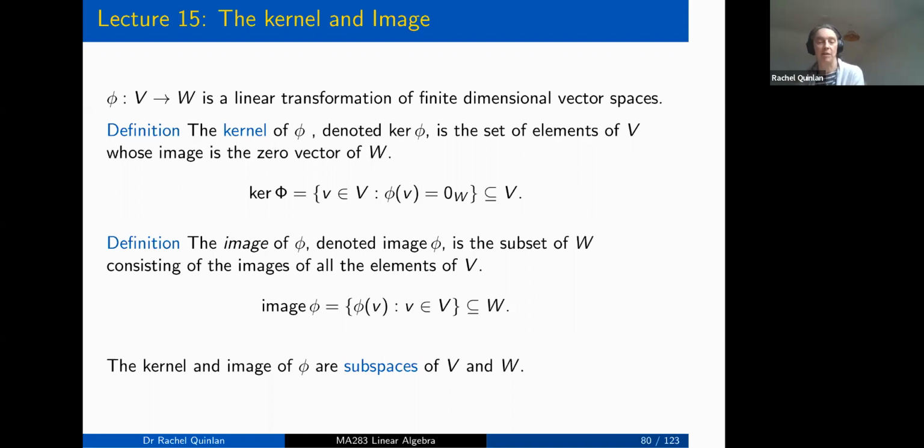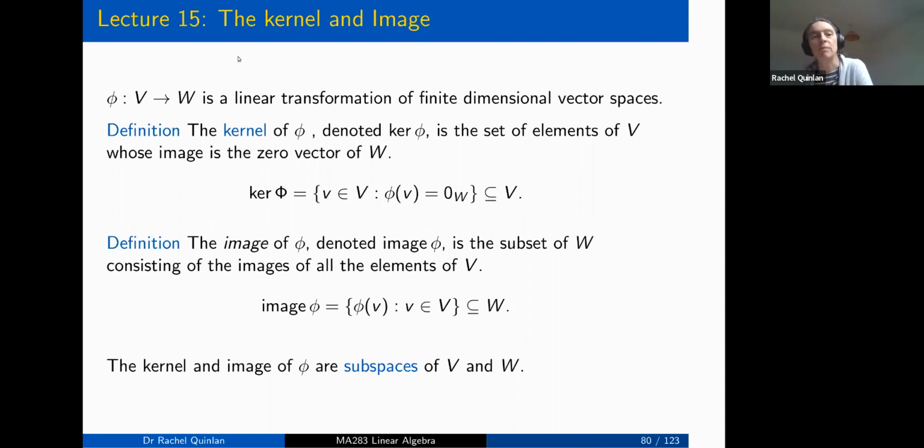So their sum also is in the kernel. And multiplying an element of V by a scalar doesn't change the fact that its image under phi is 0. Verifying these things is straightforward, but it uses the full definition of what it means for phi to be a linear transformation, that it respects the addition in V and that it respects multiplication by scalars. And for similar reasons, the image of phi also is a subspace of W.